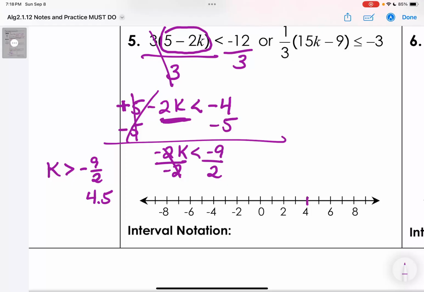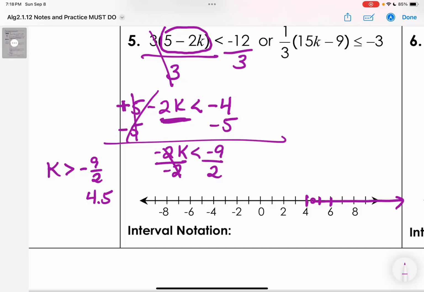So if this is 4, this is 5, this is 6, then 4.5 is right here in the middle, except I didn't want to do that as a closed dot. I want to do it as an open one because it's not equal to.